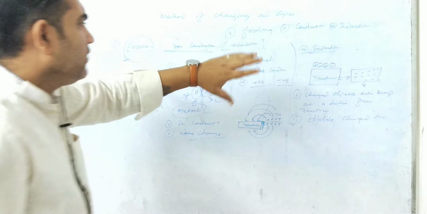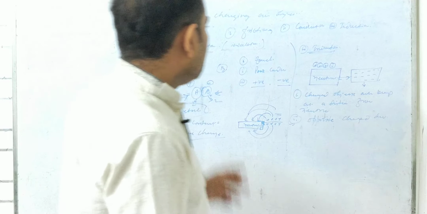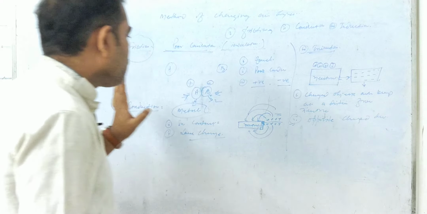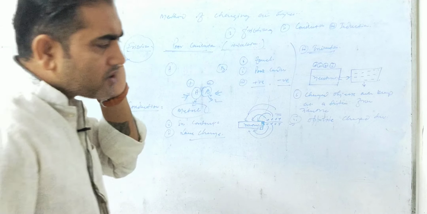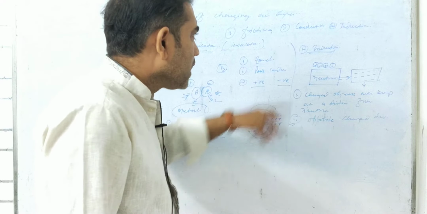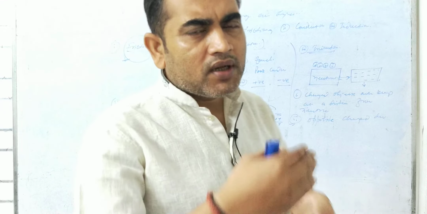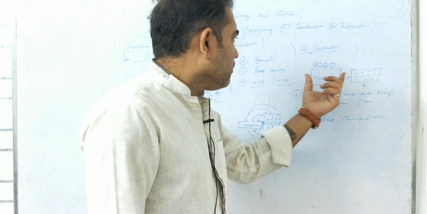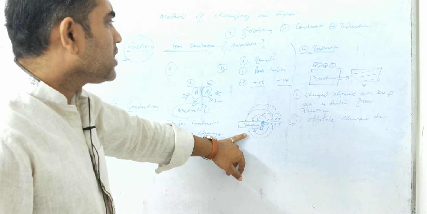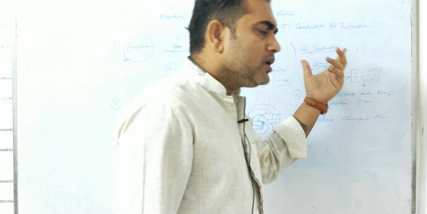The first point of difference: in conduction they should be in contact with each other. In induction, the charged object is kept at a distance, around but not in contact with the neutral object. Second thing, in conduction the same charge develops, and in induction the opposite charge develops.